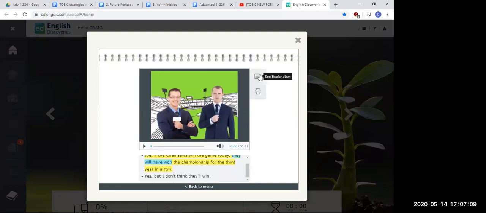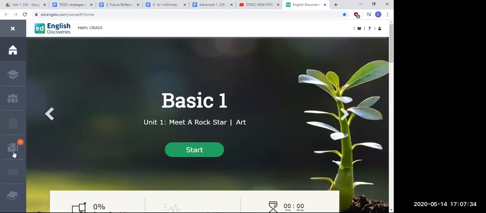And we can look at explanations of the grammar involved: how to form it, the usage, and so on. So those were the 3 things that I wanted to talk about, that I spoke about in the last tutorial. So how to get to the forums, how to get to the tests, and the grammar book to be able to investigate things that we don't know.